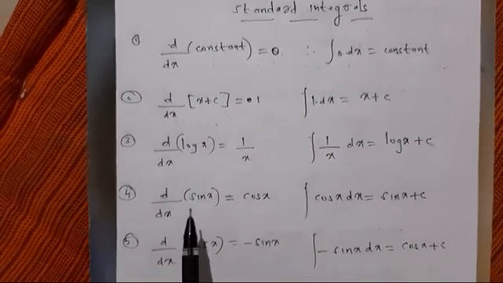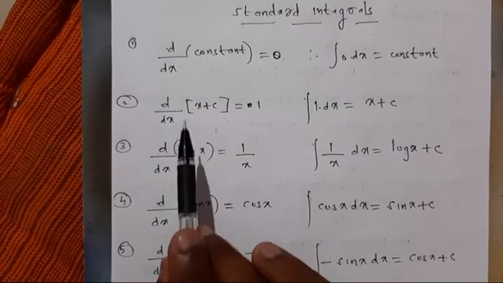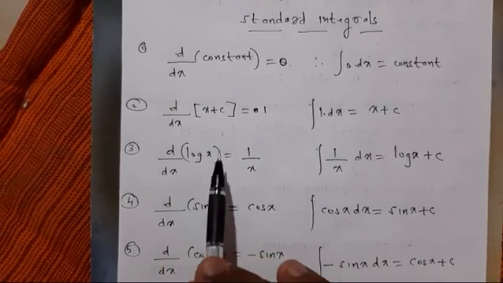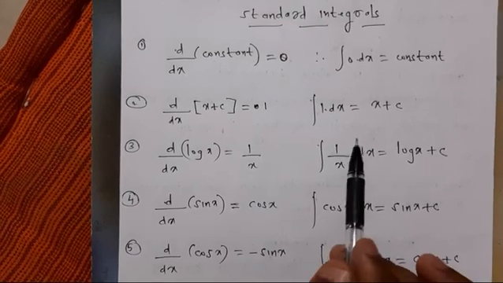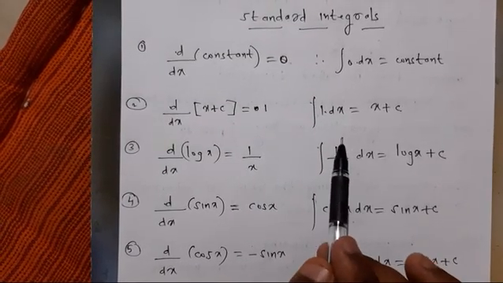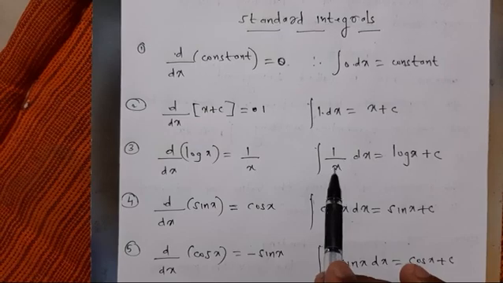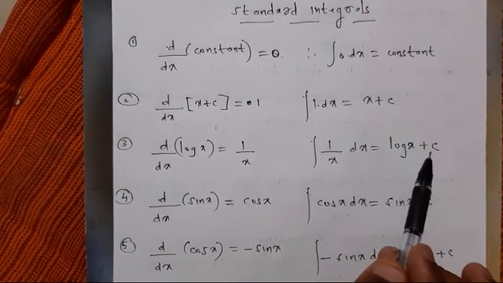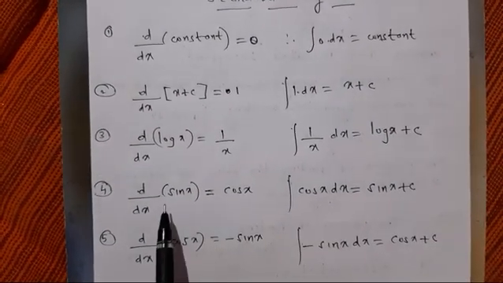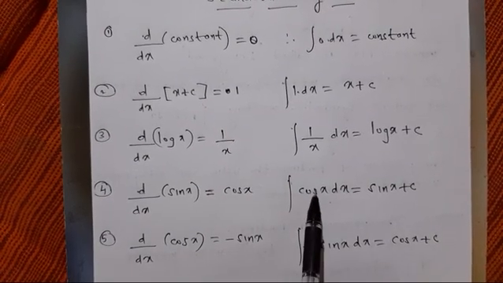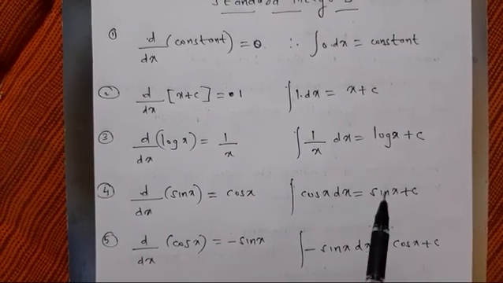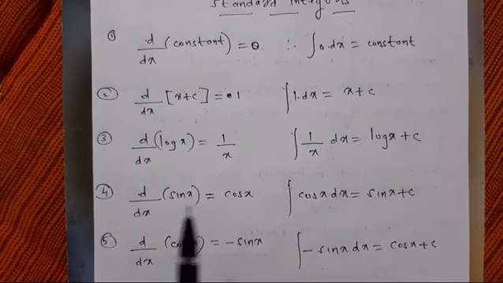We'll see some more formulas. We know that the derivative of log x with respect to x is 1 upon x. Reversely, integration of 1 upon x with respect to x is log x plus c. The derivative of sin x is cos x and the integration of cos x is sin x plus c.